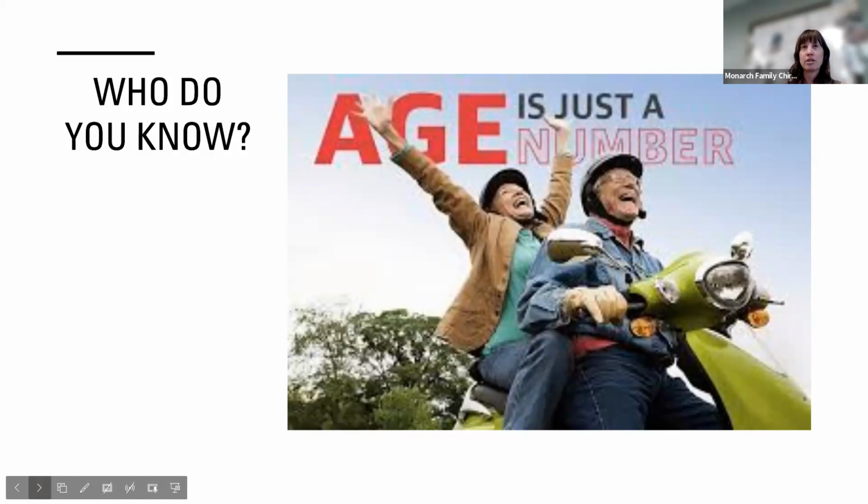Age is a number, right? I want to be the most vibrant me, no matter what age I am. And if you live in our country, if you want to be the average, then we are an aging population in a very unhealthy way. If you want to be the average person in America, you can sign yourself up for a chronic disease at some point.